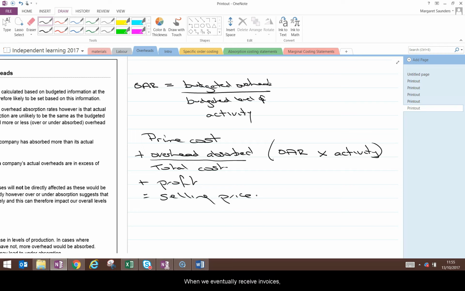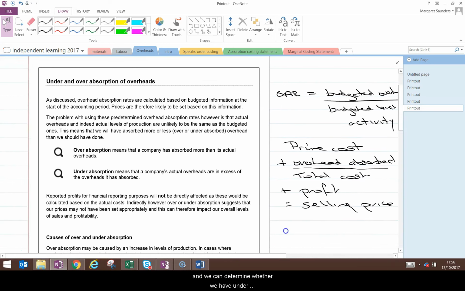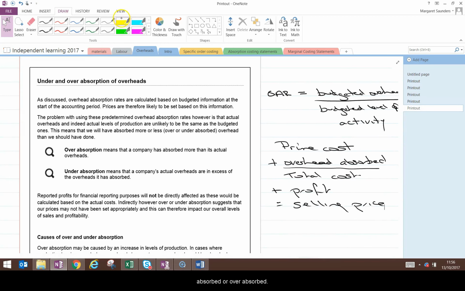When we eventually receive invoices, we will be able to see what our actual overheads are for a period. And what we can then do is compare that actual overhead figure to the total overheads absorbed in the period, and we can determine whether we have under absorbed or over absorbed.